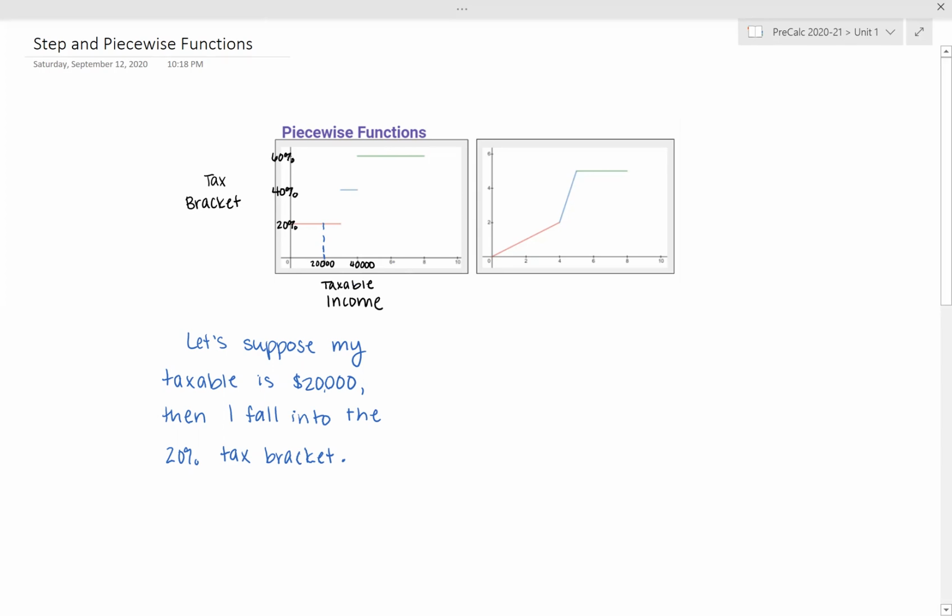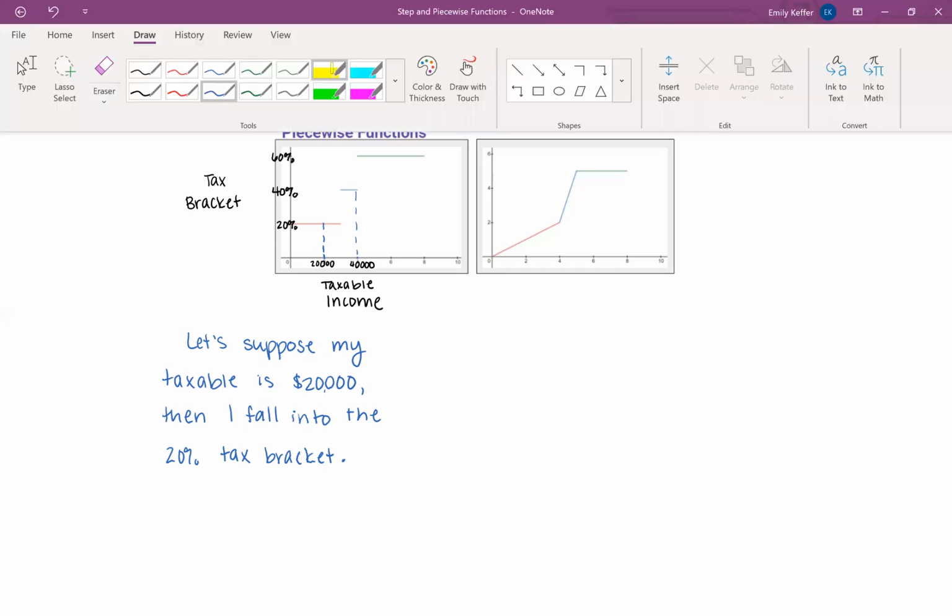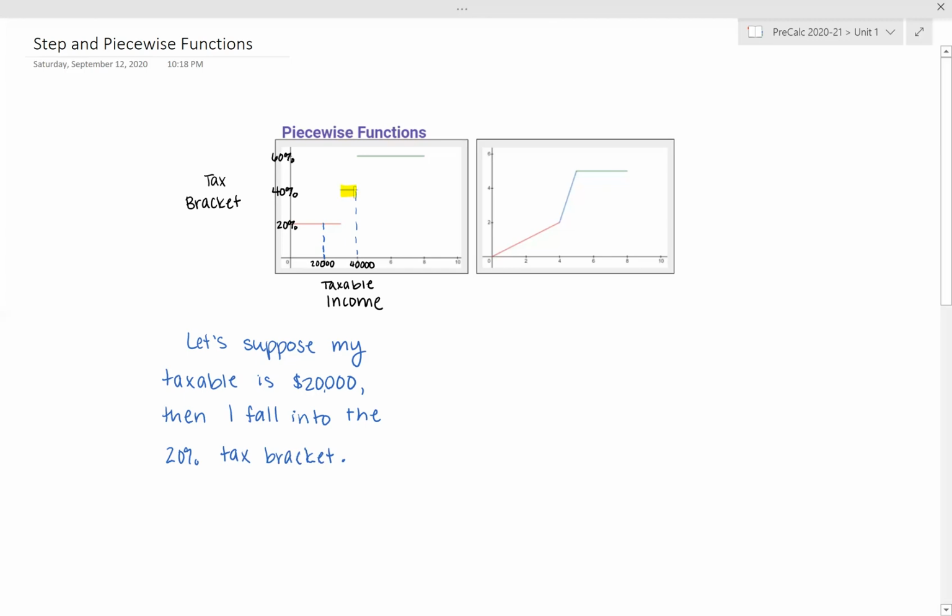Now remember from the previous video that explains marginal tax rates, just because I fall into the 40% tax bracket does not mean that I pay 40% on all of my income, right? That's the maximum percent I pay on a portion of my income. So even if I were to fall into this 40% tax bracket, I am only paying 40% on this amount of my taxable income.